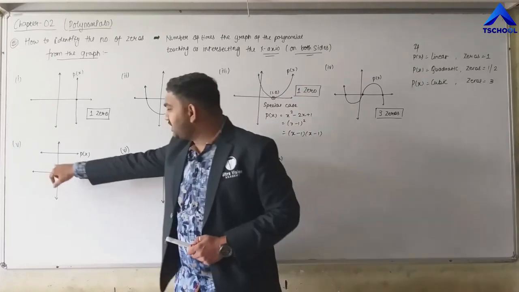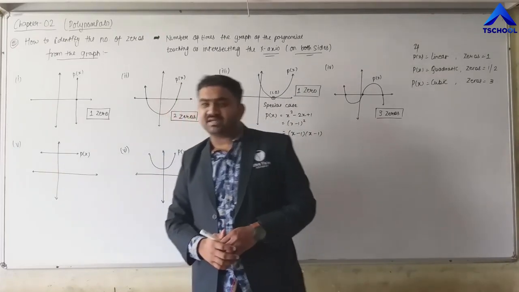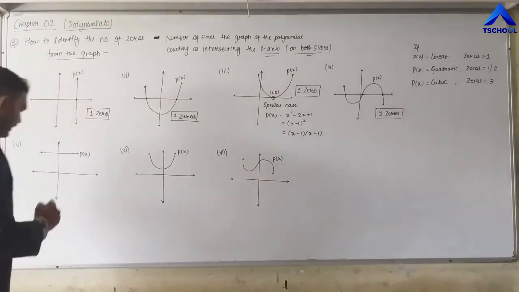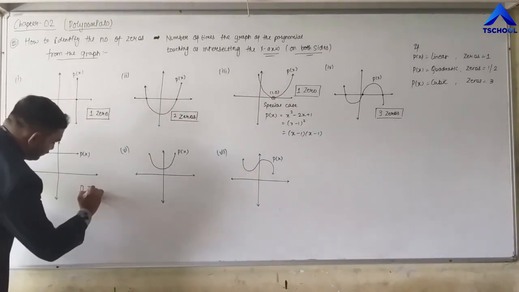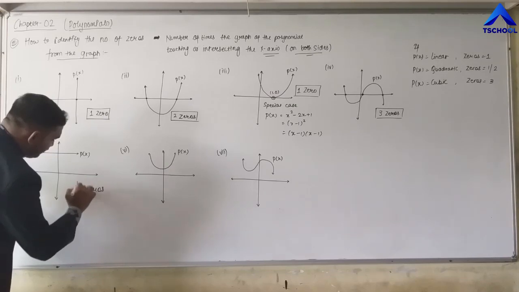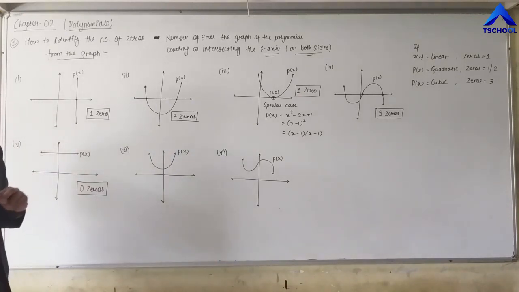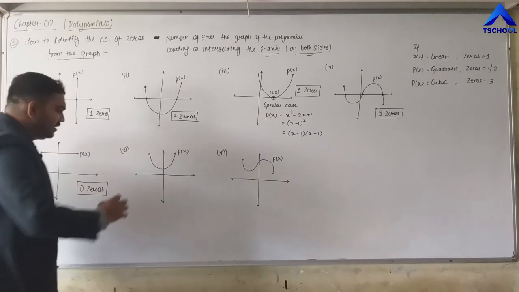So if the graph does not intersect the x-axis, then the number of zeros the polynomial will have is 0. Why 0? Because they do not intersect each other. Who each other? The graph and the x-axis. They do not intersect anywhere, and hence the number of zeros is 0.